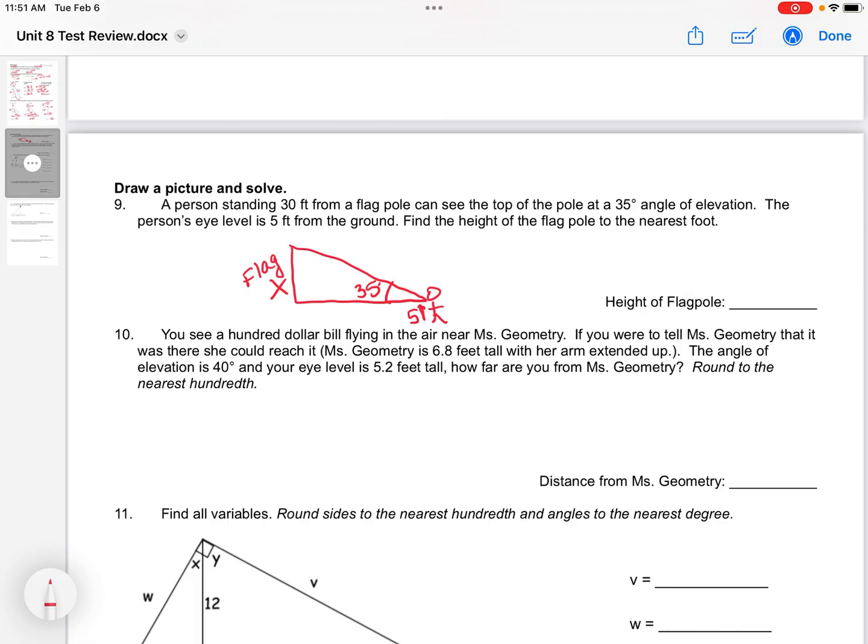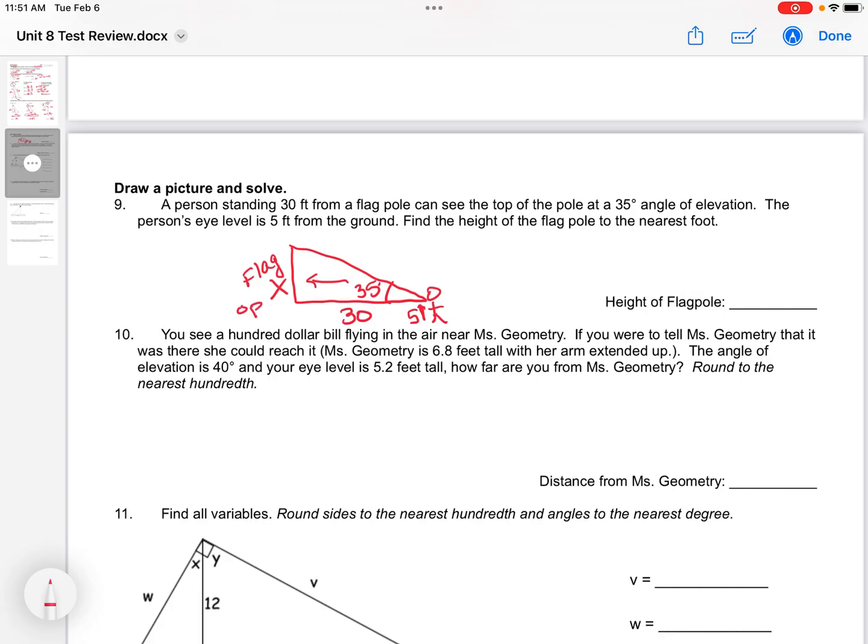So if I want to find the flagpole, oh, here we go. I was like, I'm missing something. So that's 30. So I need to remember that I need to add 5 on when I'm done.